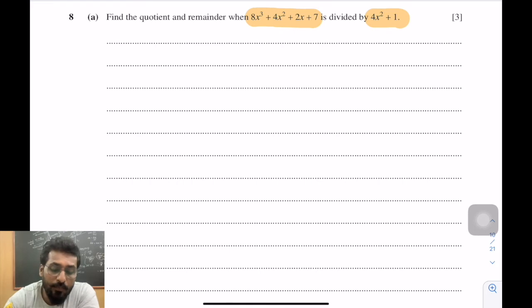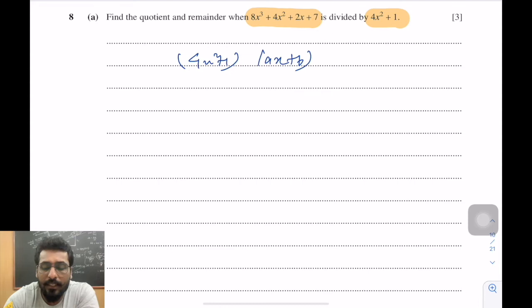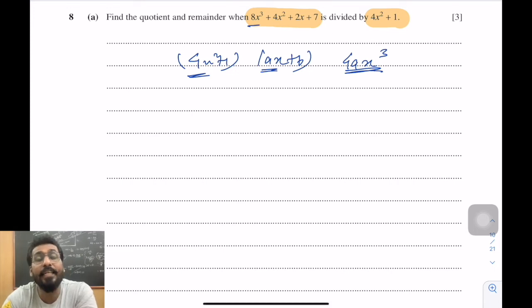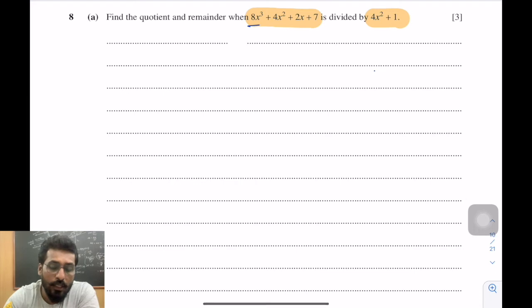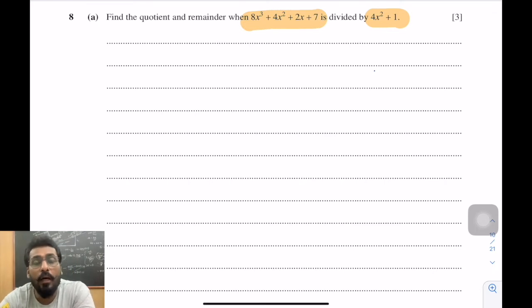Because if you multiply 4x squared plus 1 with a linear expression, let's say ax plus b, 4x squared multiplies with ax, you get 4ax cubed, which is 8x cubed, the very first term of your expression. So be rest assured that your answer is going to be a linear expression.